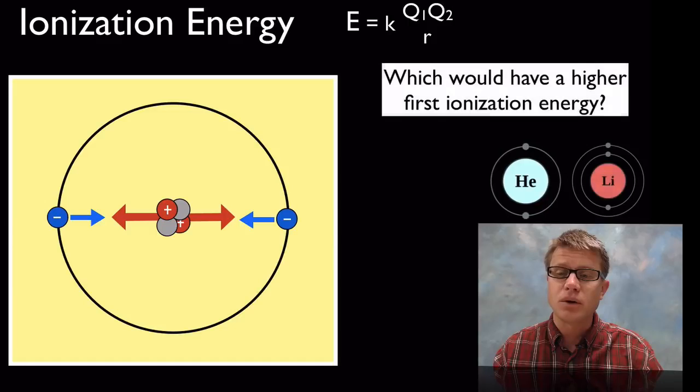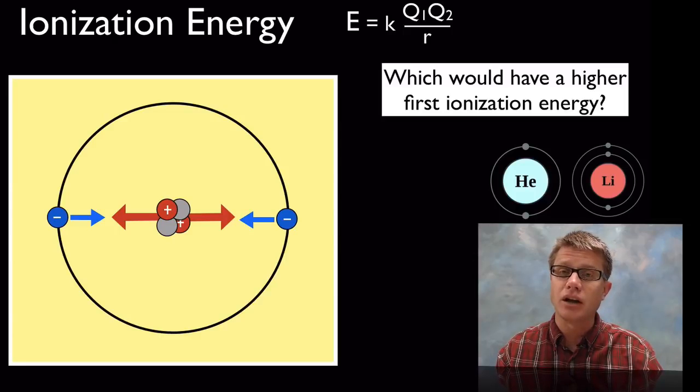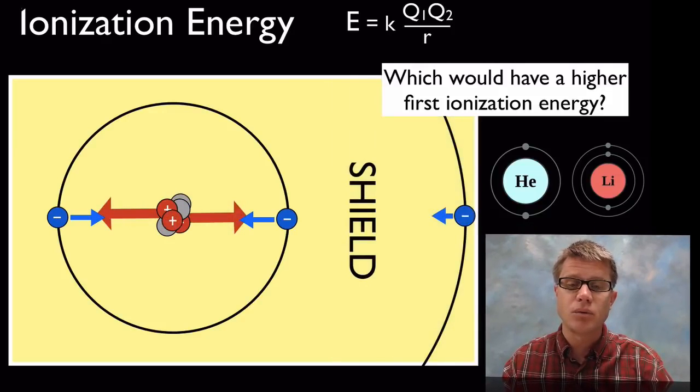What about the next one? What if we were to compare helium with lithium? What do you think happens to the ionization energy there? Well, you might immediately think it's going to be bigger, but remember the electrons are organized with only 2 electrons in that first shell, and when I learned it, 8 in the next subshell. If we look at lithium, we've increased the number of protons, so there's more of a charge here.